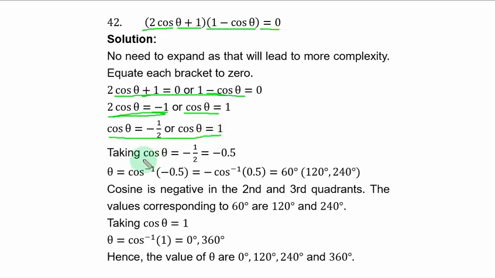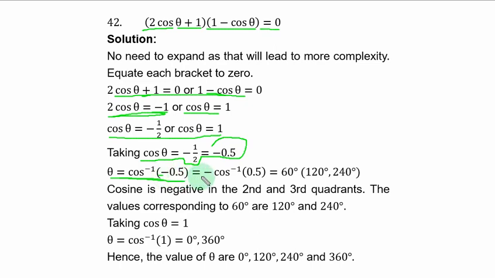So taking cos theta equal to minus 1 over 2, which is equal to minus 0.5. To get theta, take the inverse of cosine. This minus simply means you check other quadrants where cosine is negative.